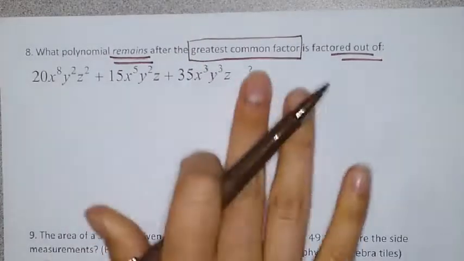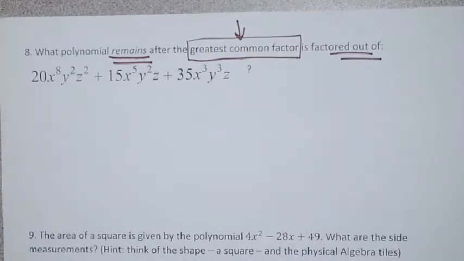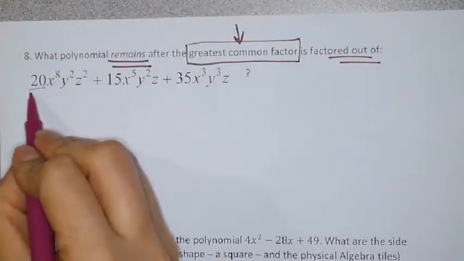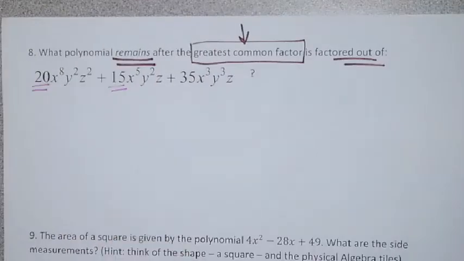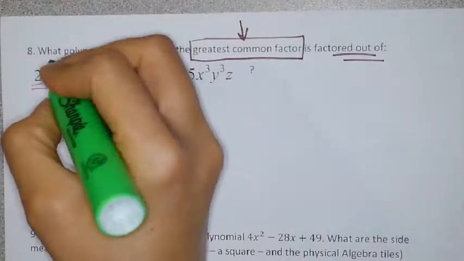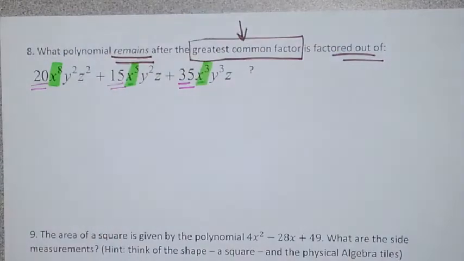So after I read that, I see a huge polynomial here, and I need to factor out the GCF. So I need to find what that GCF is first. When I do GCF, I have to look at the actual numbers, the coefficients themselves, and I also have to look at each variable to see what I can factor out.